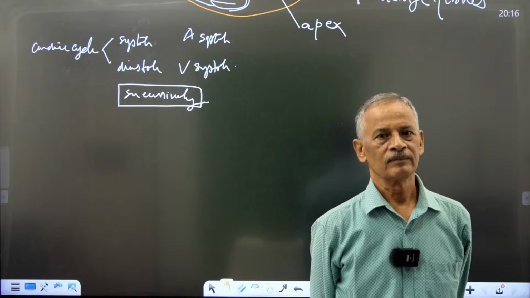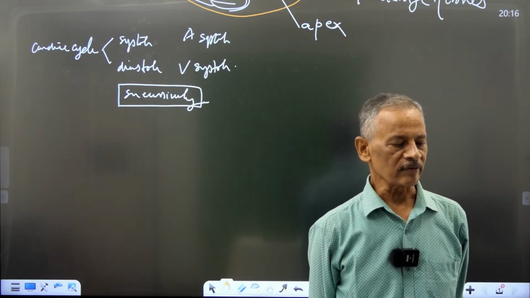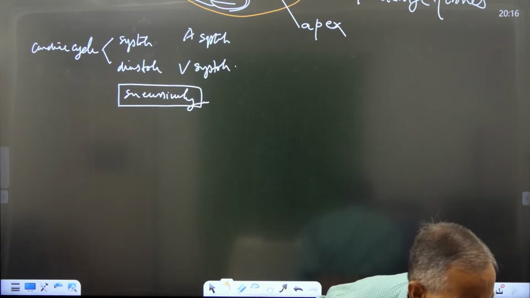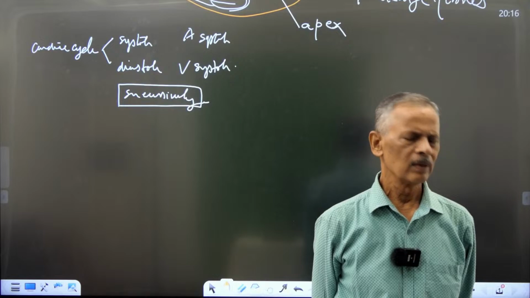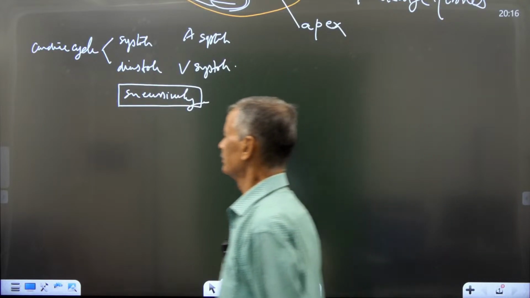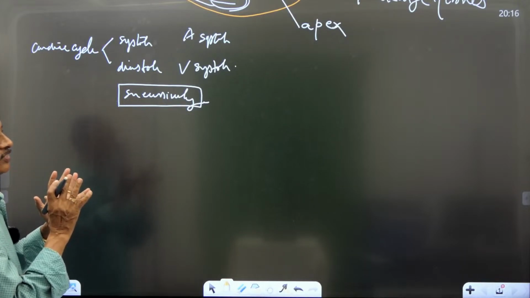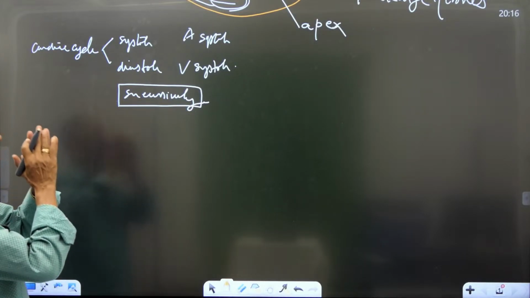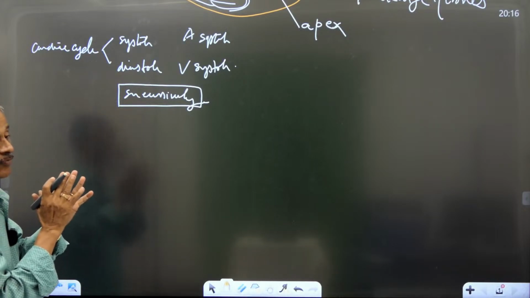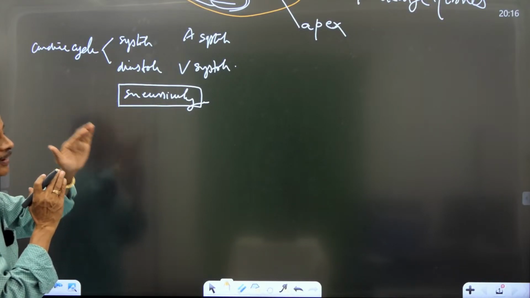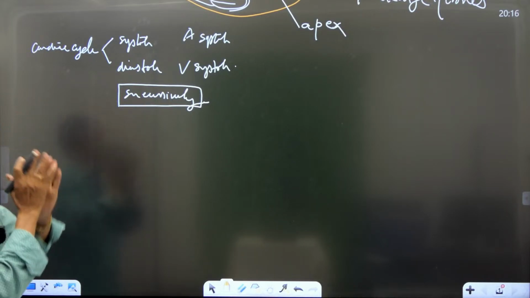Let us see how this contraction is occurring. First, think that the heart is not at all contracting and they are in a condition where both atrium and ventricle are in relaxed condition.